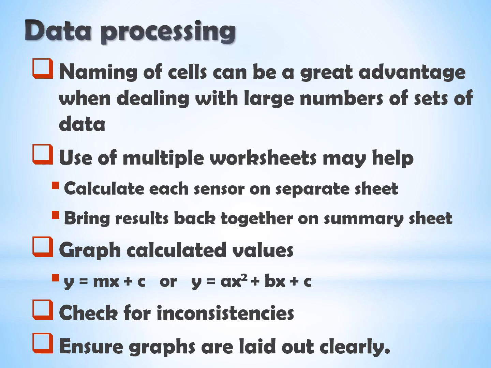It is helpful to check for any inconsistencies by plotting the data and the calculated values. It is important to ensure that graphs are laid out clearly, as it makes a visual assessment of data easier. And this concludes part 1 of the lecture about Microsoft Excel.